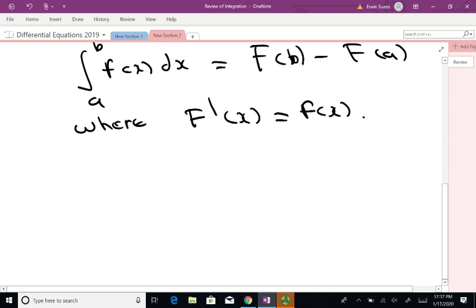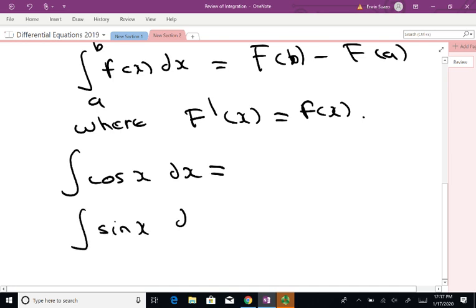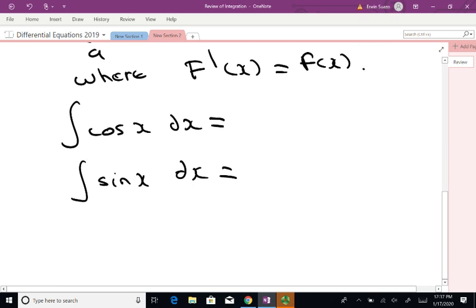Okay, so let's do more. Let's do the integral of cosine of x, the integral of sine of x. Let's do a little quiz for yourself. Write in front of this the answer: integral of cosine, integral of sine, integral of 1 over x.